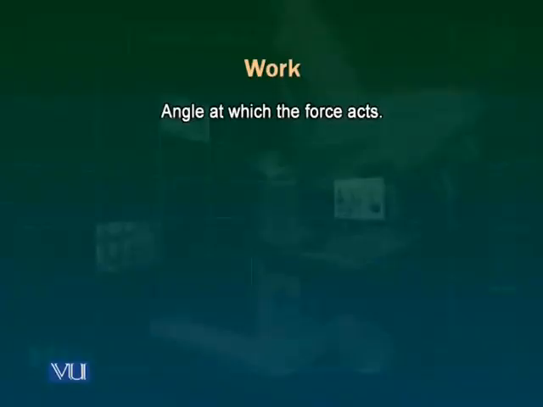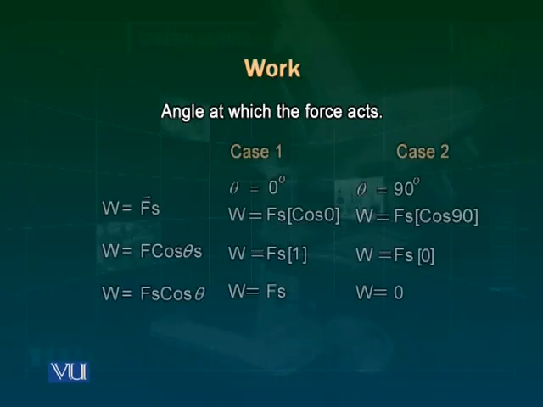Now, how does cosine of theta affect the work? Let us take different cases. Let us take a case in which theta is 0. In other words, the force is in the direction of the displacement. Now, putting the value of theta equal to 0 in the equation, W is equal to Fs cos theta.